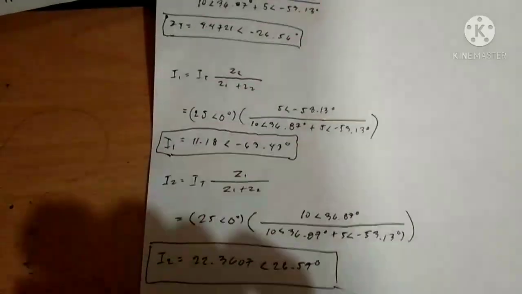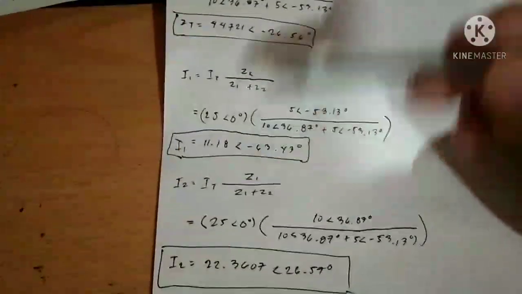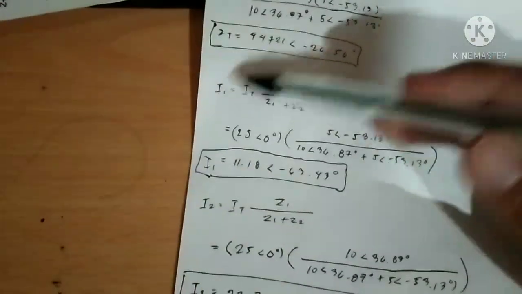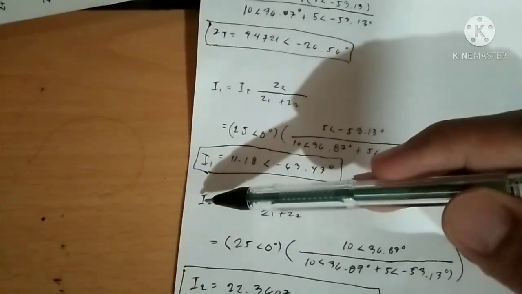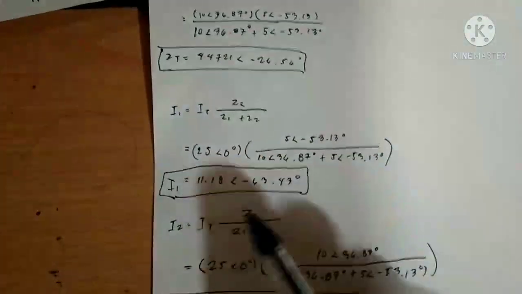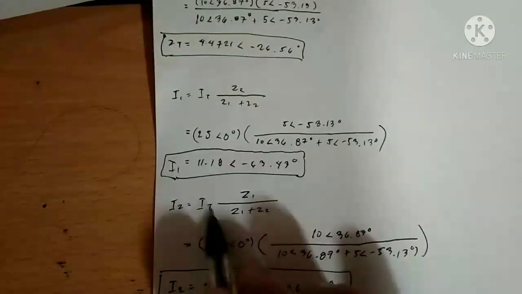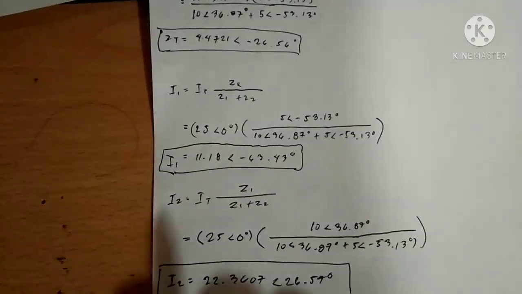So we'll solve for I2. Its formula is actually just the same, but with Z2 and Z1 swapped. If you're solving for I1, you have to use Z2. If you're solving for I2, you have to use Z1. That's the only difference. So I total times Z1 over the sum of Z1 and Z2.